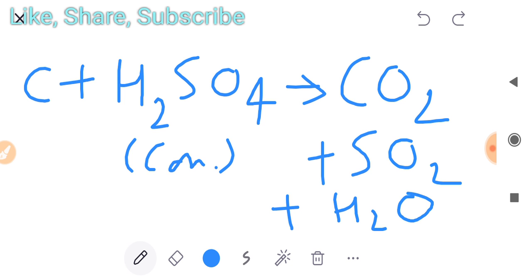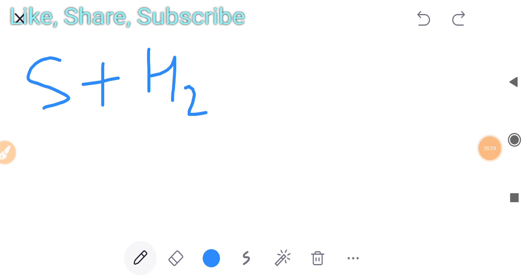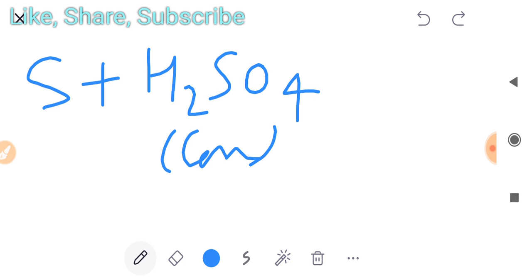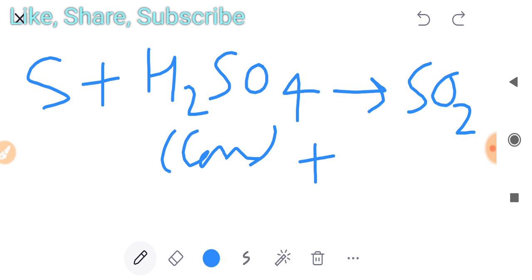So this is the reaction. Next example: sulfur plus concentrated H2SO4 forms SO2 plus H2O.